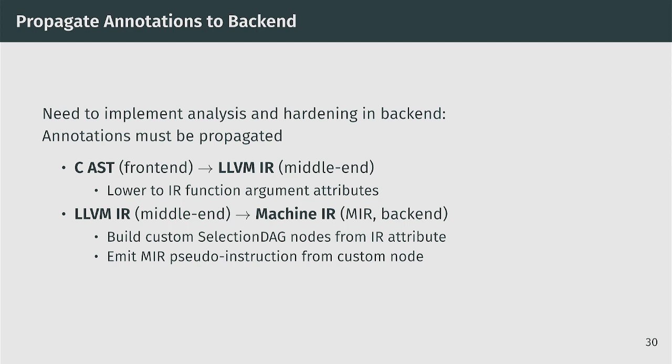First, we lower them into function argument attributes in the intermediate representation of LLVM. And then we need to lower them to machine IR, which is the intermediate representation of the backend. But to do this, we had to go through the selection DAG first, before we can emit machine IR pseudo instructions.